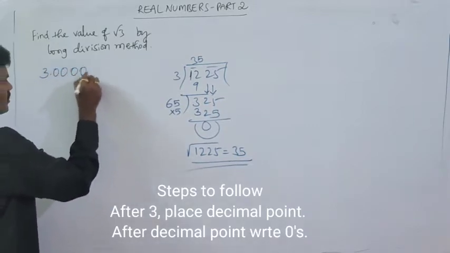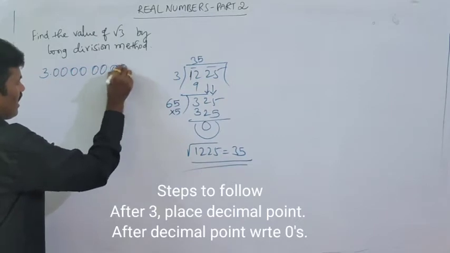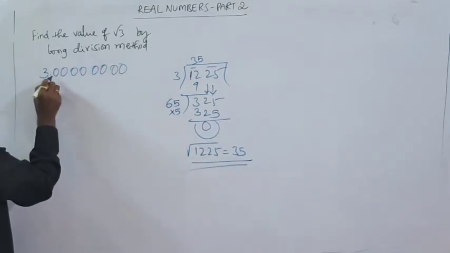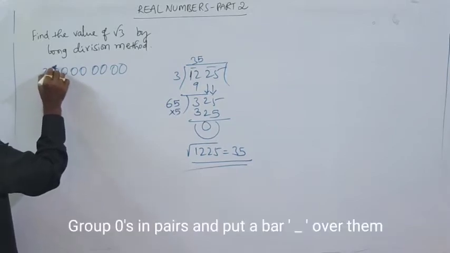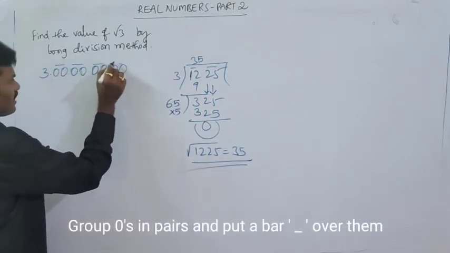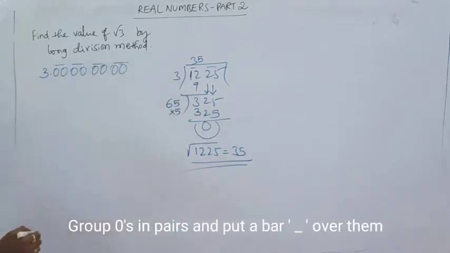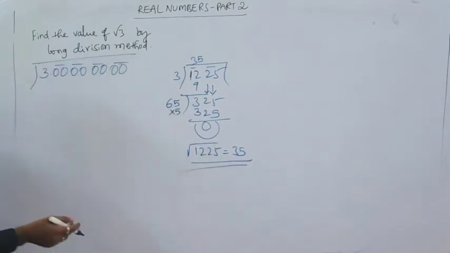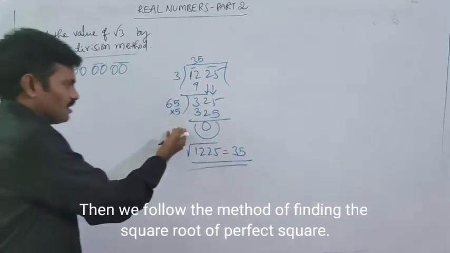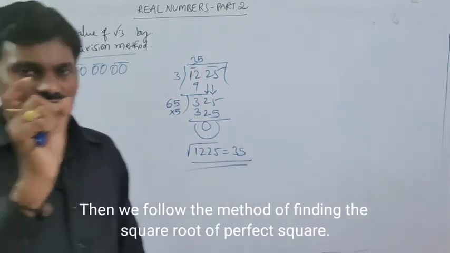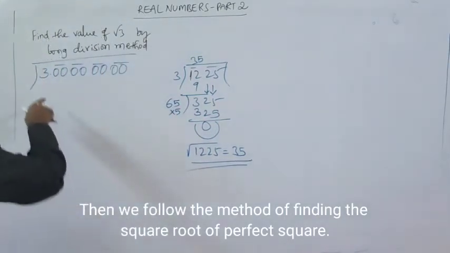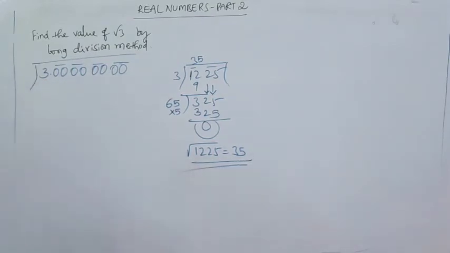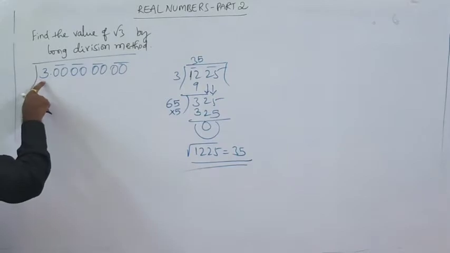After writing zeros, we make them pairs by writing a bar over them. Now we follow the method we followed for finding the square root of a perfect square. Of course, it is not a perfect square, that is a known thing.